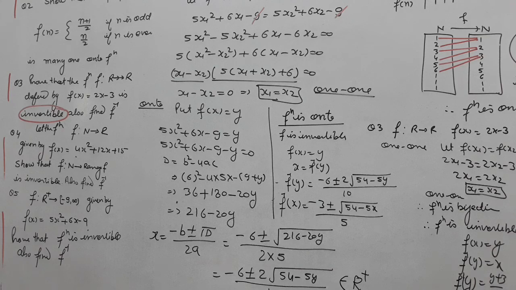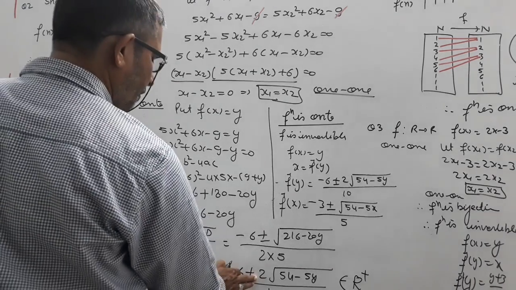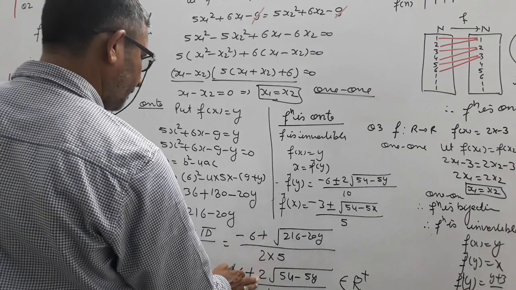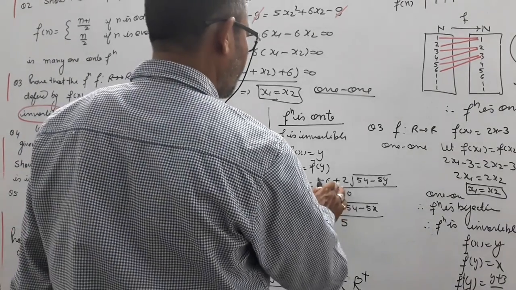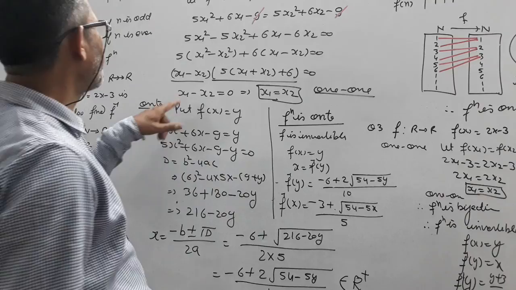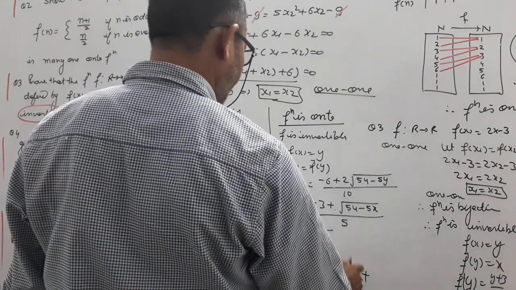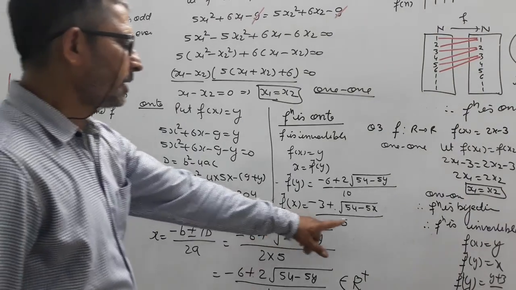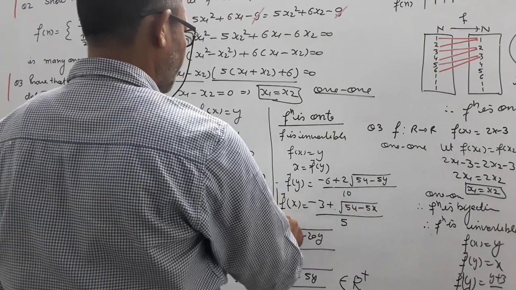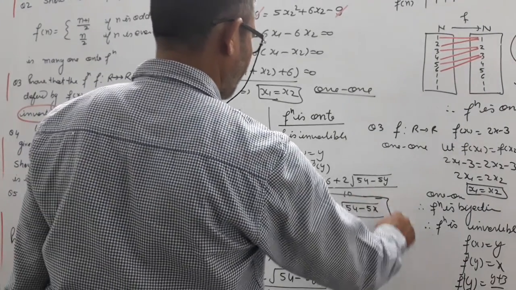Because this term is always positive, only put the positive sign, neglect the negative sign, because the function is invertible on R positive. Solve it, then you get the answer. This is the inverse of the function.